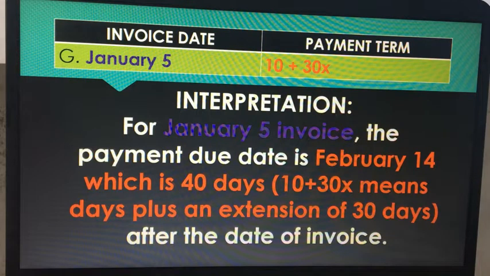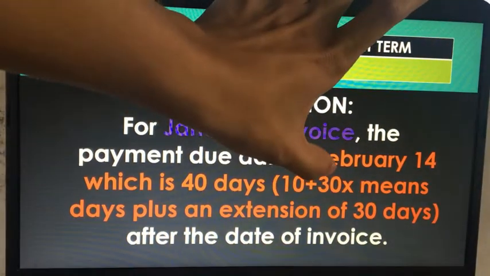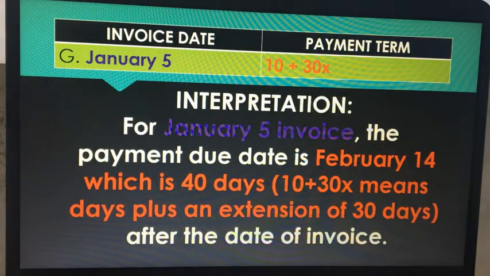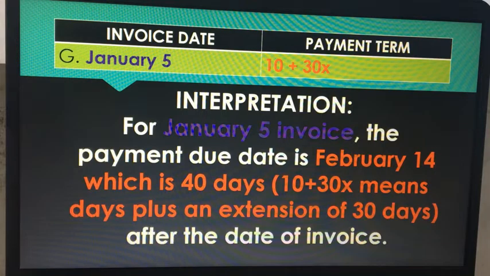Meaning, 10 plus 30x means 10 days plus an extension of 30 days after the date of the invoice. Therefore, from January 5, the first 10 days is until January 15. Since you have 30x, you have to extend that plus 30 days, and that 30 days is until February 14. Meaning, February 14 is your due date.